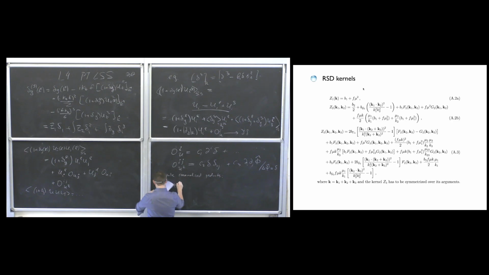So for the first one, I'm going to write this down very explicitly. So we have 1 plus delta galaxy, u_z, then ensemble average, and then we need to take the Fourier transform of this. So first of all, it will generate a term that will look like this. That just will involve the usual long wavelength velocity field and the renormalized density field. So this is this term.